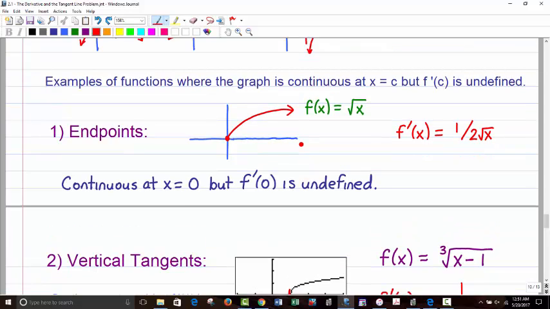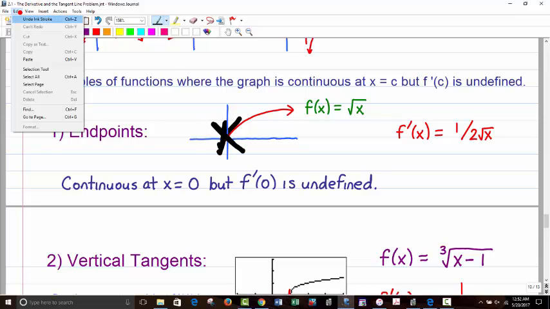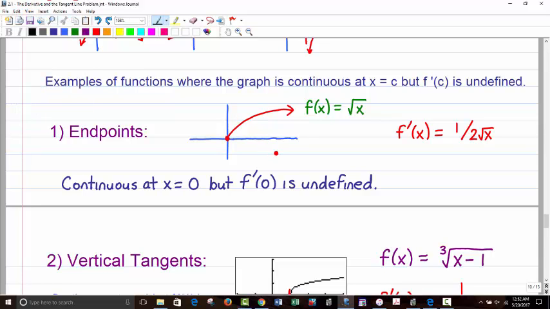At endpoints the tangent slope is undefined, because technically there are lots of places you could draw a tangent, there or here or there, so the fact that there's not one unique answer pretty much means there's no tangent line. But the graph would still be considered continuous. As long as there's a solid dot there, the graph is continuous, but the derivative is undefined.